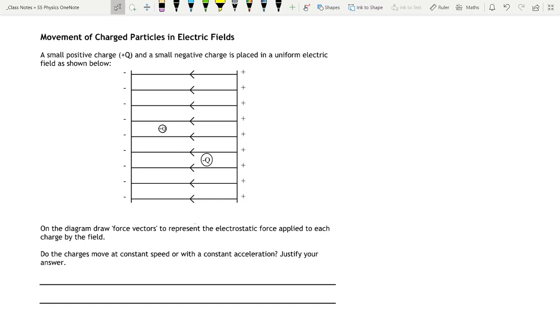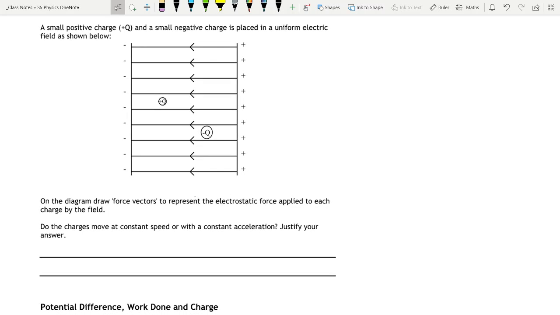So we've got a small positive charge plus Q and a small negative charge minus Q placed in a uniform electric field. It says on the diagram, draw force vectors, so an arrow, to represent the electrostatic force applied to each charge by the field. So, what do we think? Which direction?